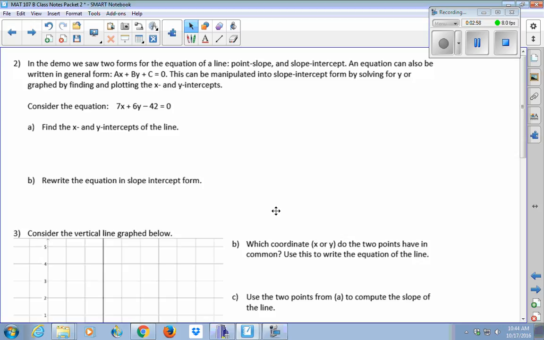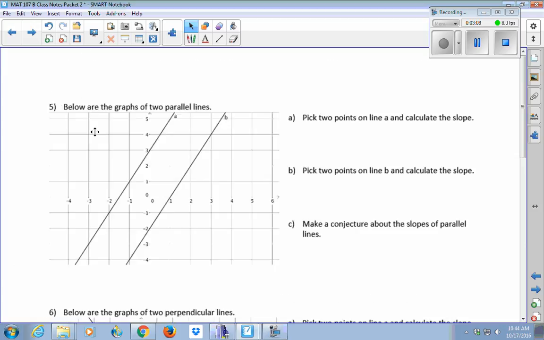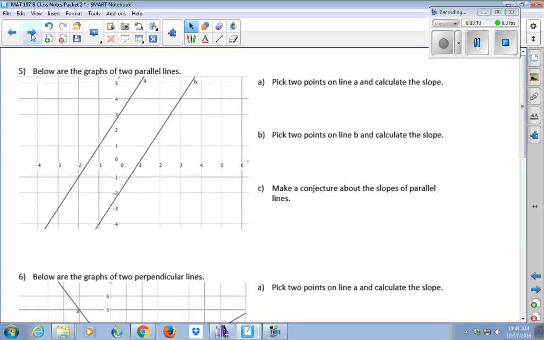What are the 3 types of equations you can use for a line? What's true about parallel lines and perpendicular lines and vertical lines and horizontal? All of those things will be reviewed for you in the class activities.